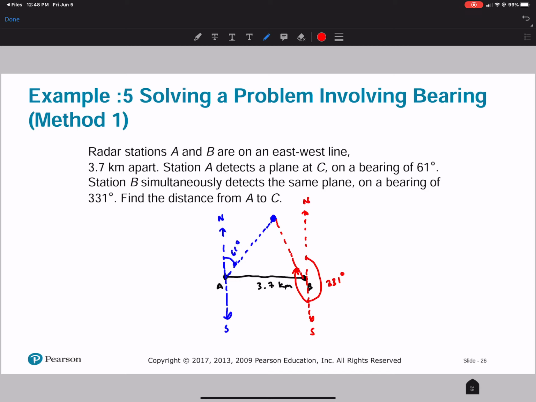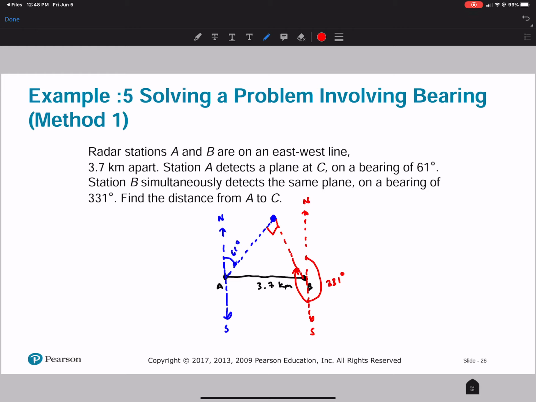Now, this is a rough draft, of course. Now, this, where C is at, is a right triangle. Right triangle. This is not drawn to scale, it's just a rough draft for what we're doing.